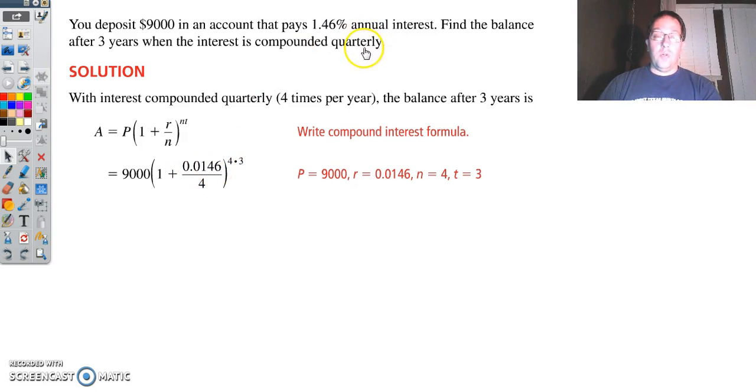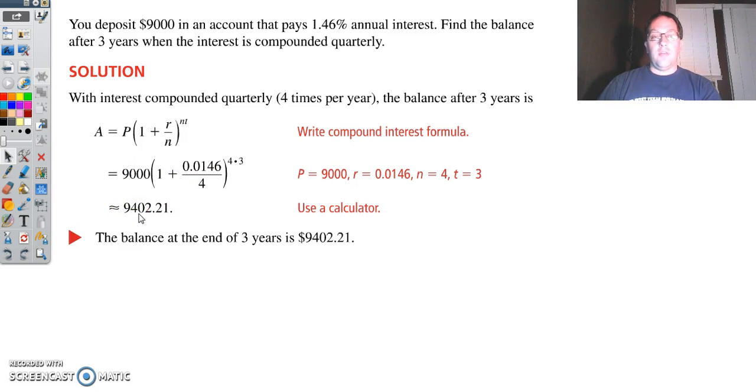It's compounded quarterly, 4 quarters in a dollar, 4 quarters in a football game, all of that. So 4 quarters a year, so N is 4 for both of them, and after 3 years, we just take this and stick it in our calculator, and we end up with about $9,402.21. So, not bad. $400 after 3 years, just letting it sit there.